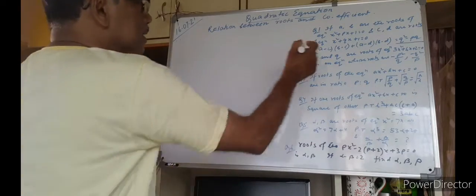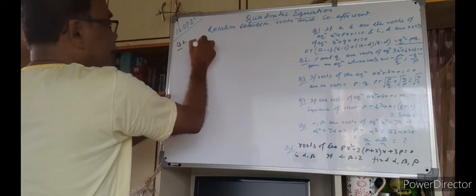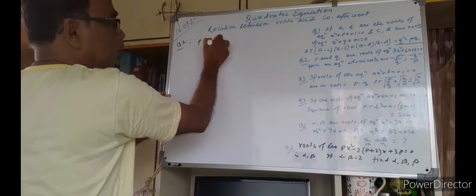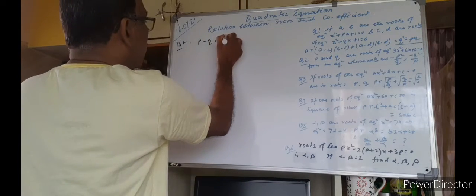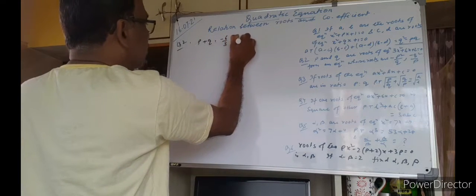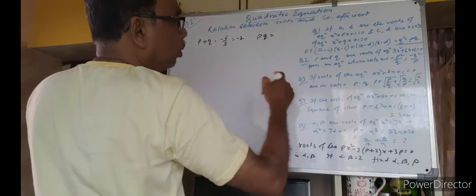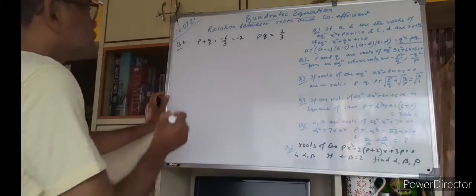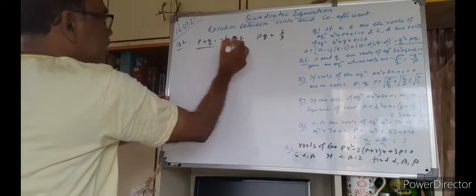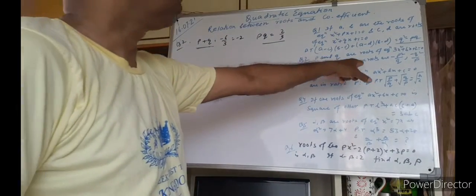Here, p plus q, the sum of the roots, is minus 6 by 3, that is minus 2, and the product of the roots pq is 2 by 3. So we got the sum of the roots and the product of the roots, and we have to find the equation whose roots are these.